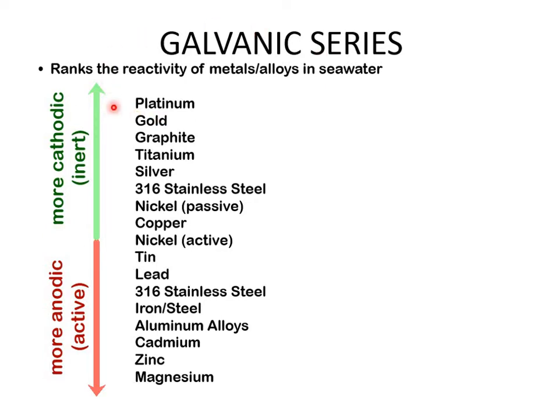As you can see over here, we have platinum, we have gold, we have graphite, which is not a metal, but we have put it in the series as it is very inert. Then we can see that magnesium, zinc, cadmium and aluminum alloys are very active, that they are more anodic, and they would be more prone to corrosion.